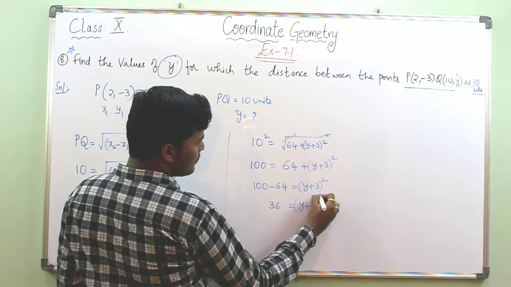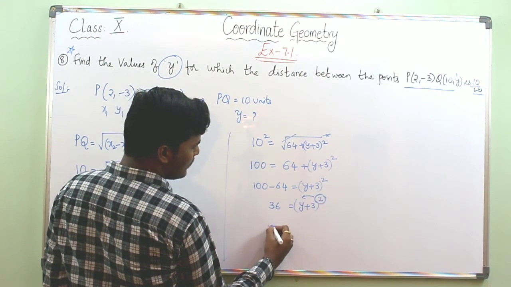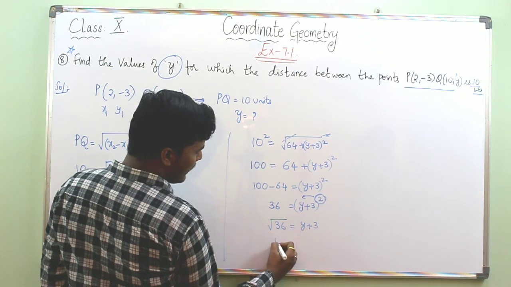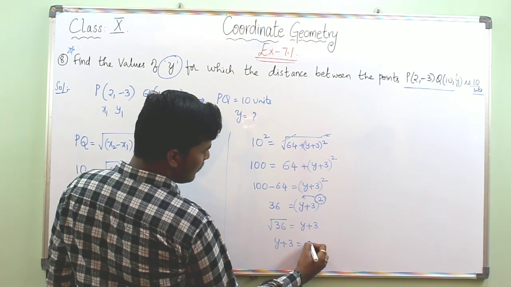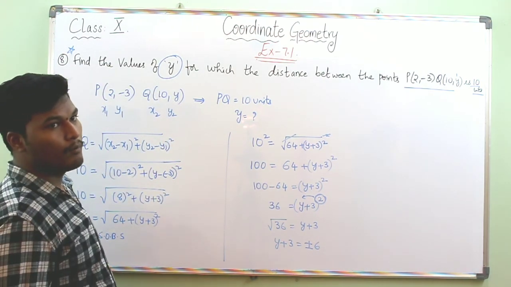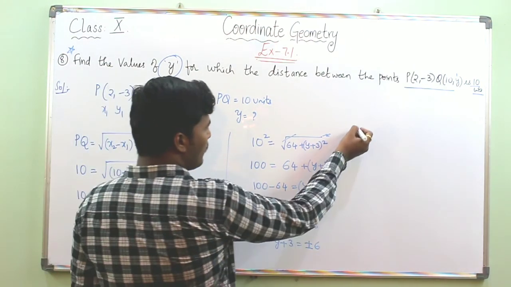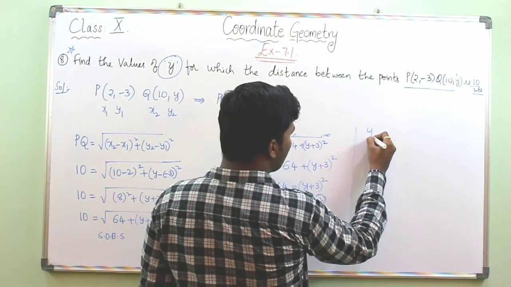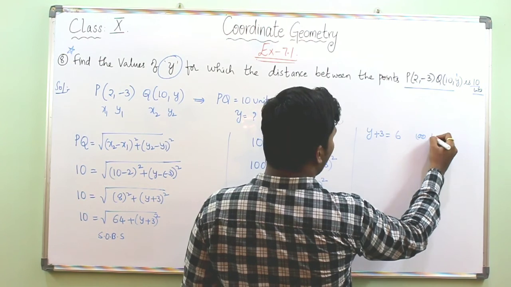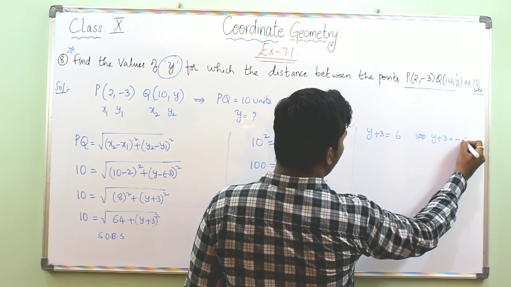Now when I shift this square this side, it will become root, then root of 36 is equal to y plus 3. From that, y plus 3 is equal to plus or minus 6, because it is a root value, it will give you plus or minus 6. Now we will have y plus 3 is equal to plus 6 or y plus 3 is equal to minus 6.